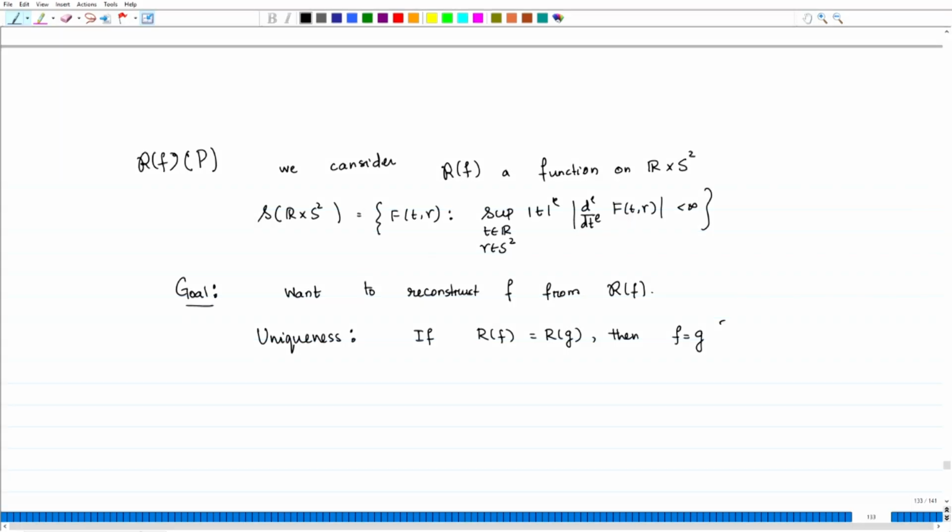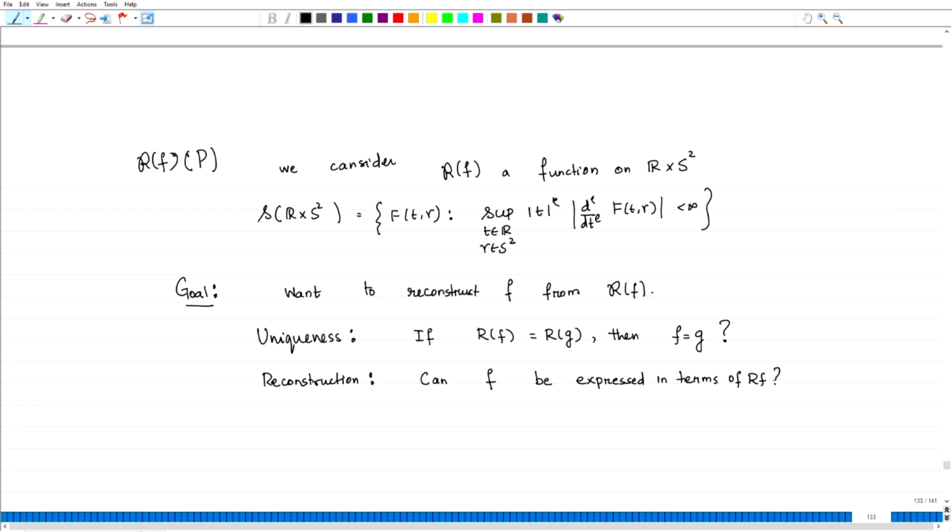The second thing is the reconstruction problem: can f be expressed in terms of Rf?